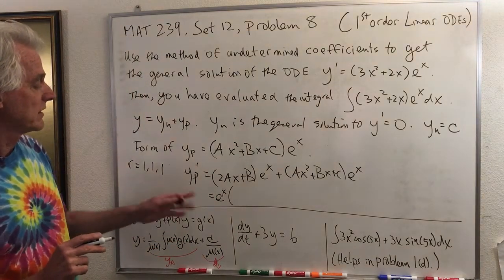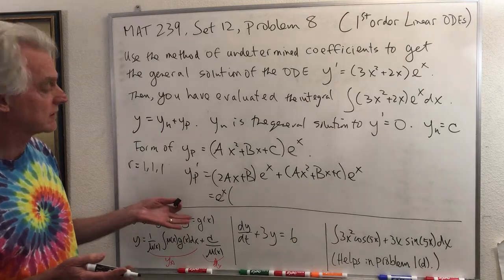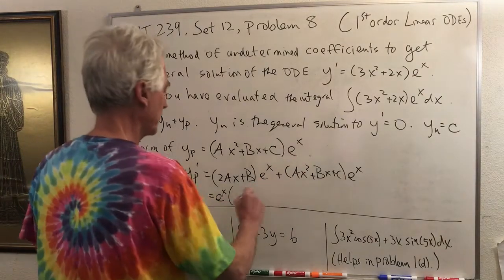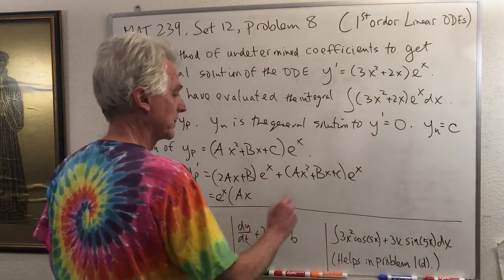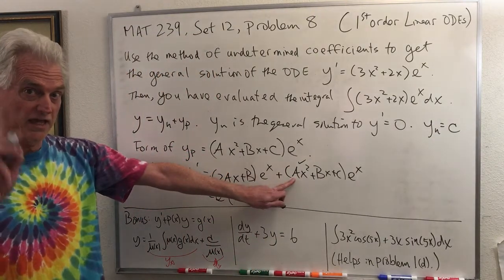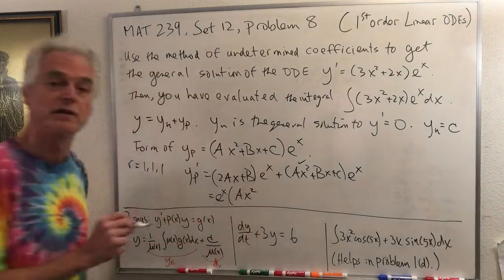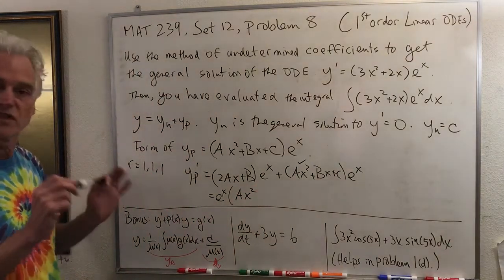Okay, and all right, let's first collect the x squared terms. We get an ax squared. And I like to put a check mark here. I've taken care of that term. Ax squared times e to the x. Oops, let's forget the x squared. All right, so what terms have just an x in them?